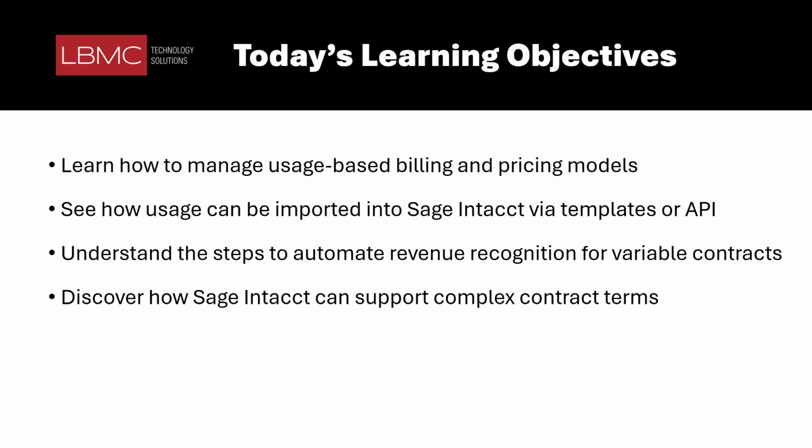And then we're just going to look at how Intacct really can support all of these various complex contract terms that we have, and how you can really define how you bill and recognize for all of your customers. It really does handle just a wealth of scenarios.